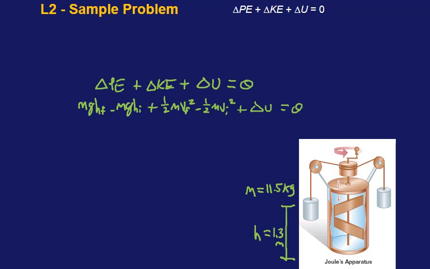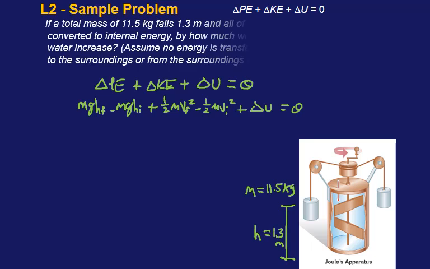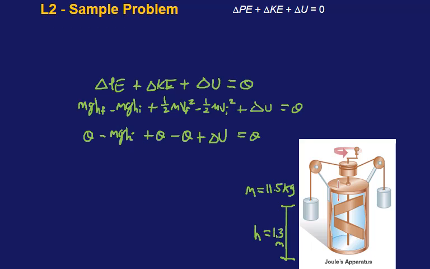So all of that potential energy is going to turn into internal energy. And so there's no final height, right? The final height is 0. We have our initial height. The speed of the paddles is all going to be taken up then into the spinning of the water itself. So we've got that there. So all that potential energy will turn into internal energy.